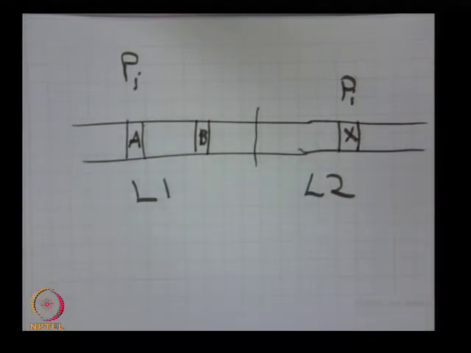Without loss of generality, we pick one element of PI from the second list and figure out where it would have gone in the first list, okay?